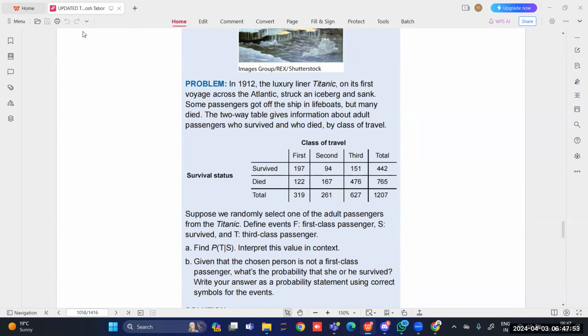Let's see. Third class citizens that survived. 151 over 442.